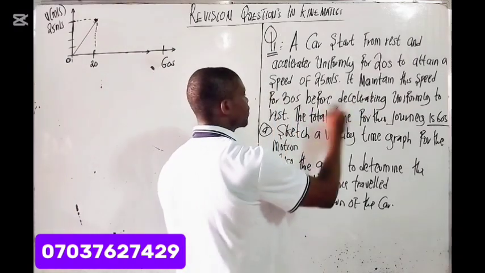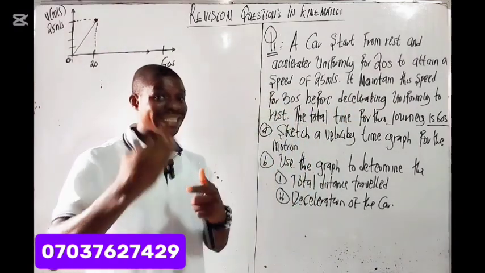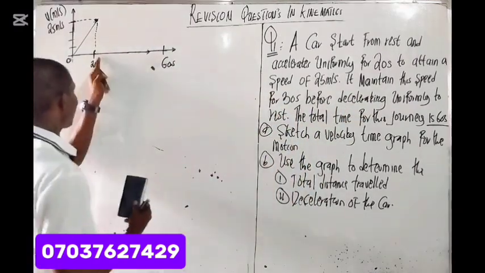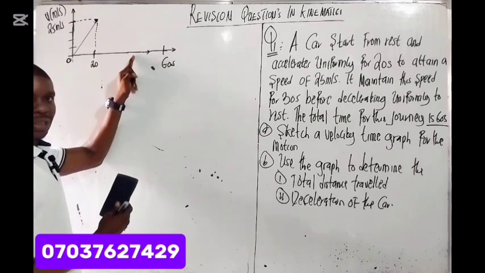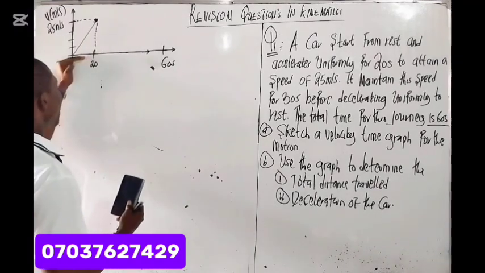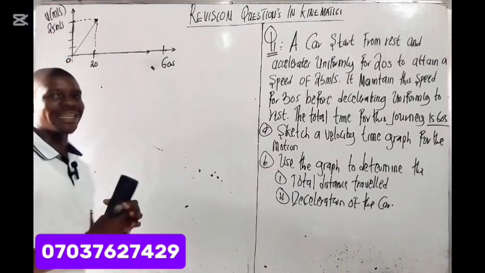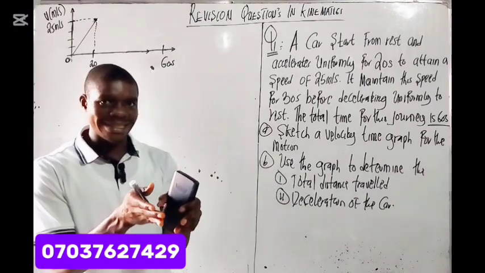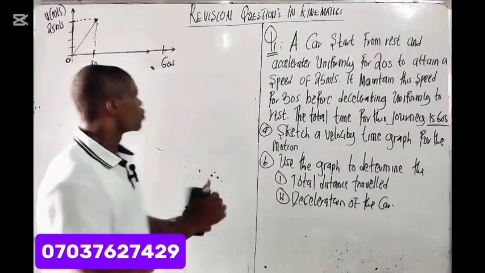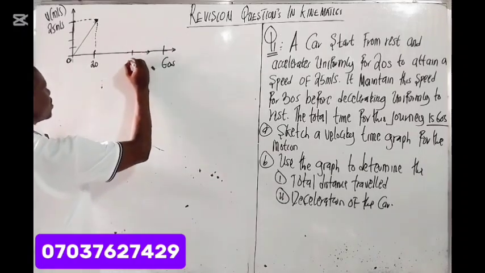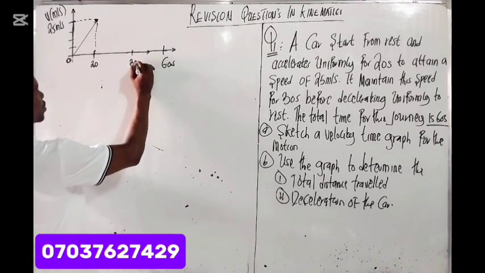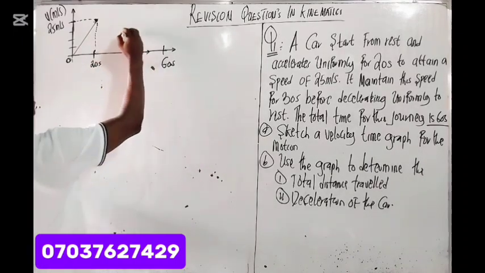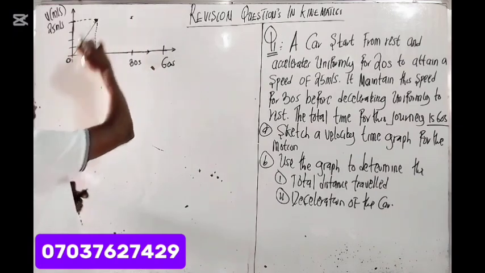It maintains the speed for 30 seconds. From here to here, it maintains the speed for 30 seconds. Remember, we already have 20 seconds here. It now maintains the speed for 30 seconds. So 20 plus 30 is 50. The speed does not change.